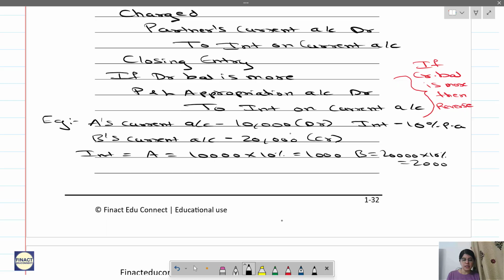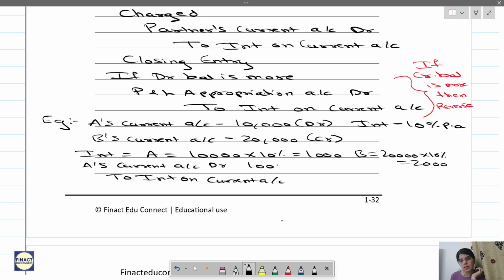That means A has to pay it to the firm. So if A is paying to the firm, your journal entry will be A's current account debit to interest on current account, 1,000.